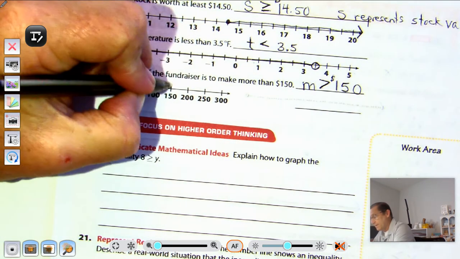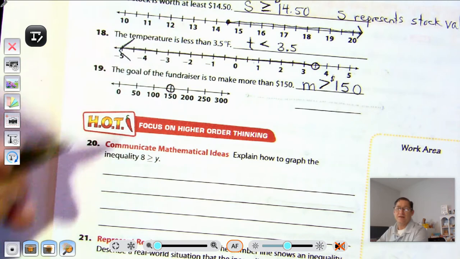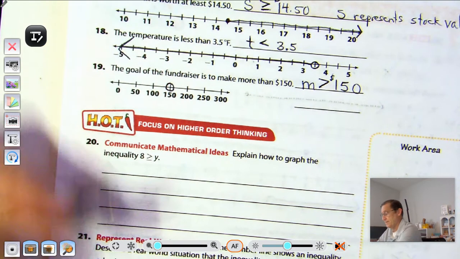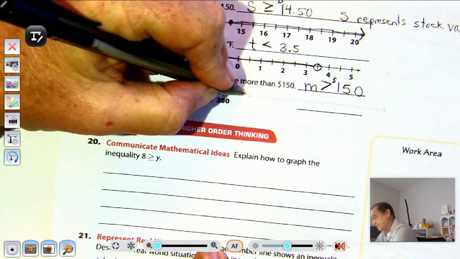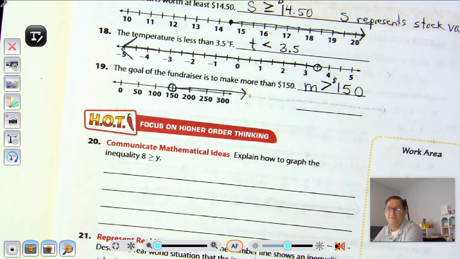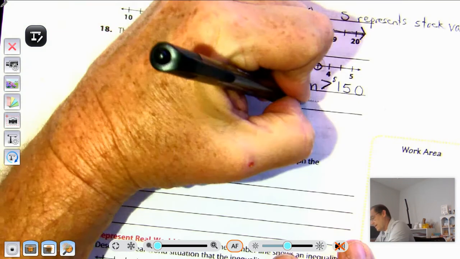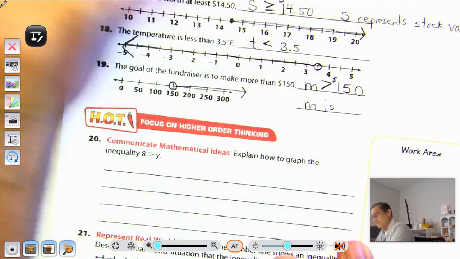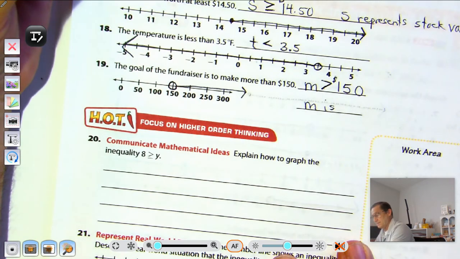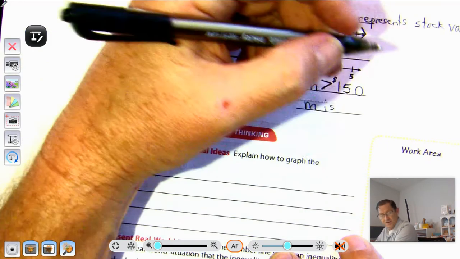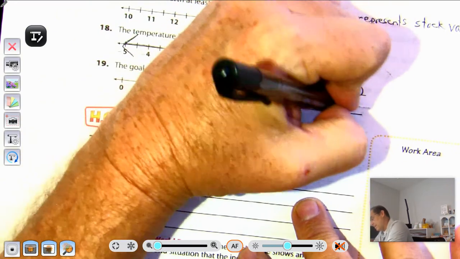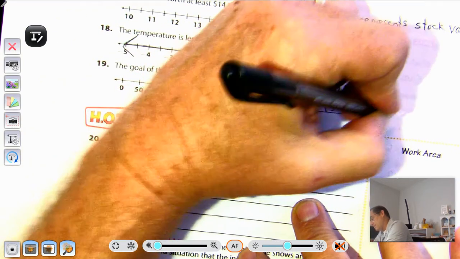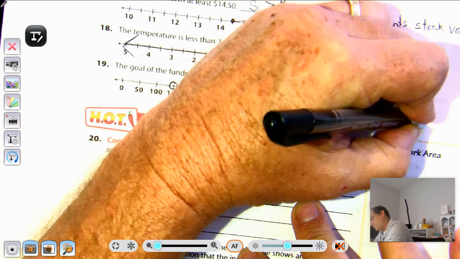So it can't include 150 because again, 150 is not greater than 150. So anything to the right of 150. And M is fundraiser money, or money raised.